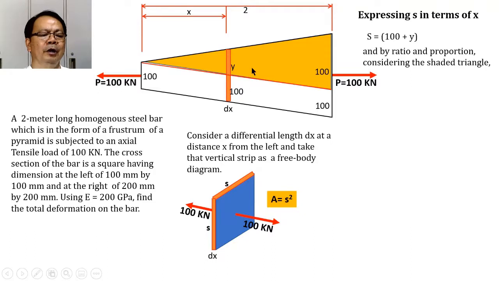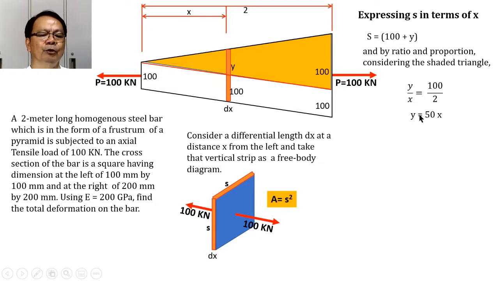And therefore, we can apply that y is to x, the ratio of the vertical side, this dimension of the triangle, to this dimension x, is proportional to 100 is to 2. The horizontal of this dimension to this horizontal distance. And if this will be simplified, makikita natin that y is equal to 50x.